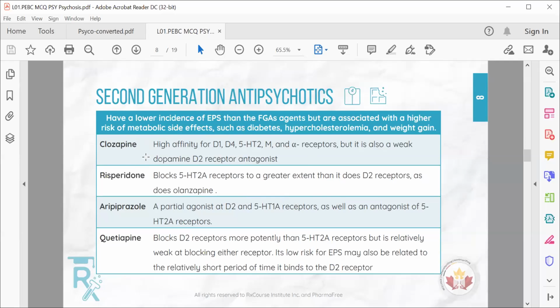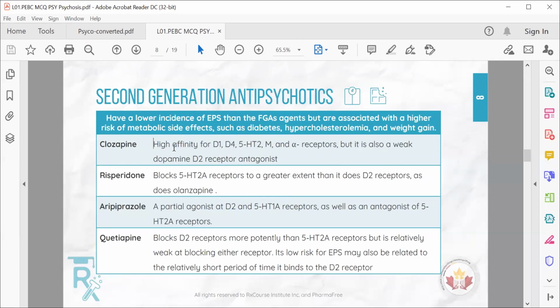Now, we talked already about Clozapine before. It has high affinity to D1, D4, 5-HT2 (two types, 2A and 2C), M receptor, alpha receptor, and it is a weak dopamine receptor antagonist.